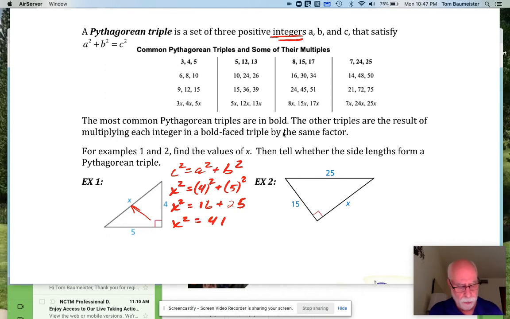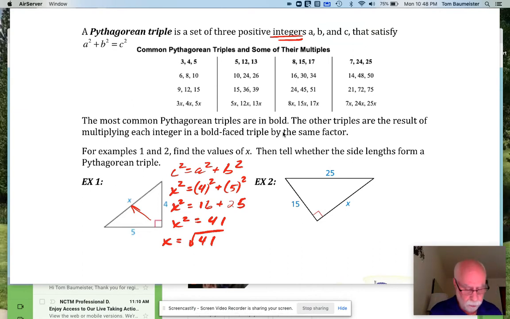Okay, now how do I undo a square? I square root it. So I'm going to say that x is equal to the square root of 41. Now we didn't put the plus or minus in front of it like we should do, only because they said it's going to be the positive integer. All right.